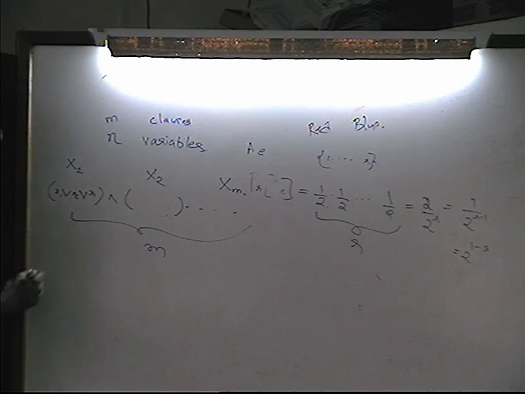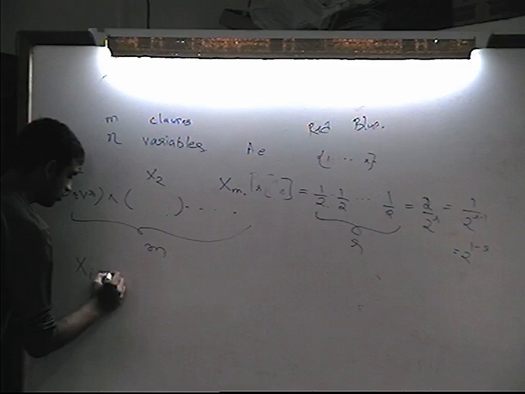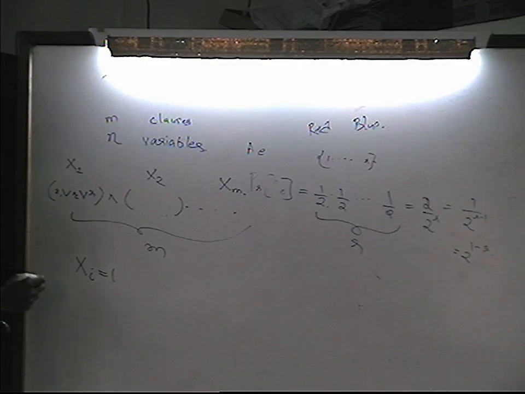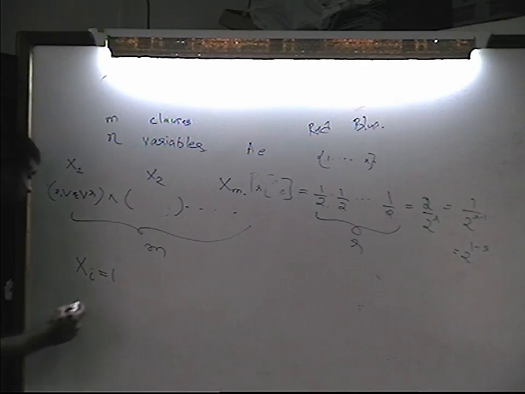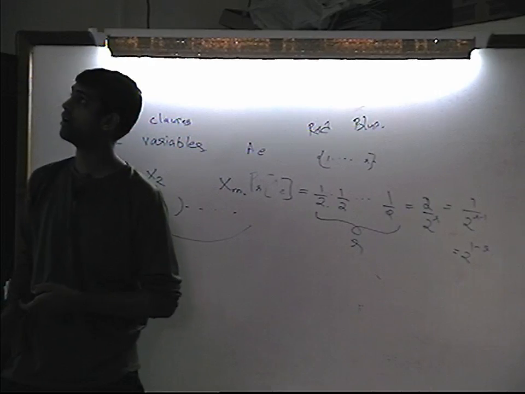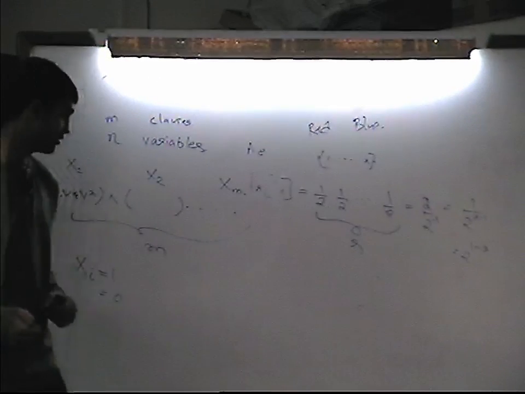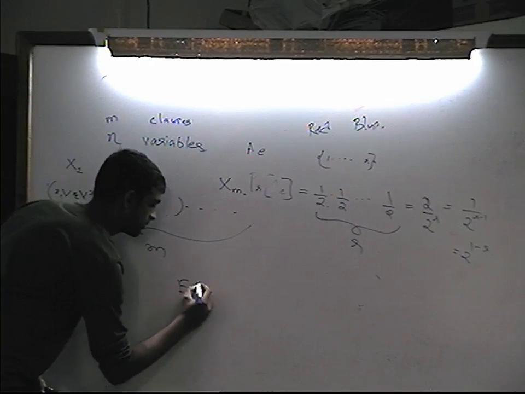Fine. And I'll set this random variable to 1 if any of the three literals in the clause is set to 1 by the random assignment. Or otherwise it will be 0. So what is the expectation of this random variable?